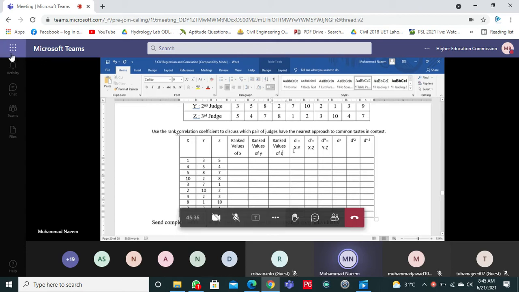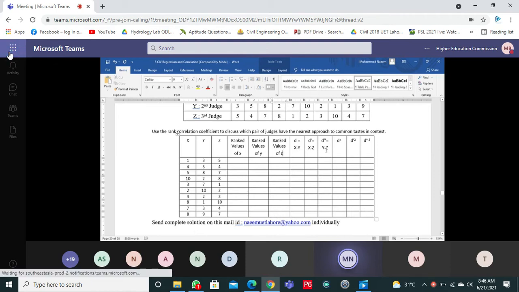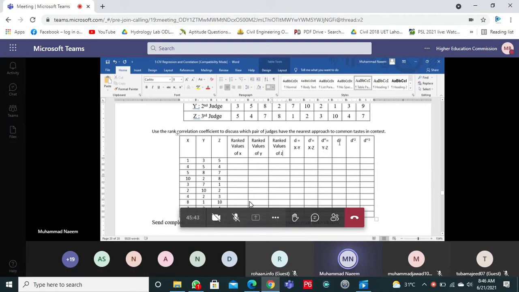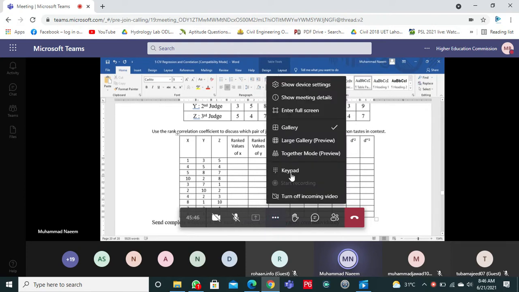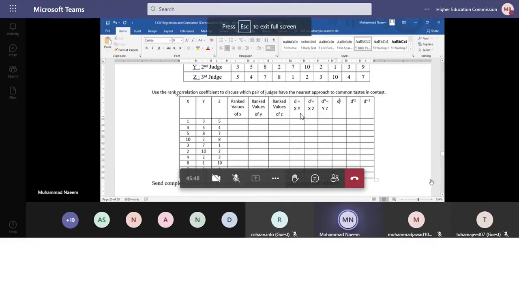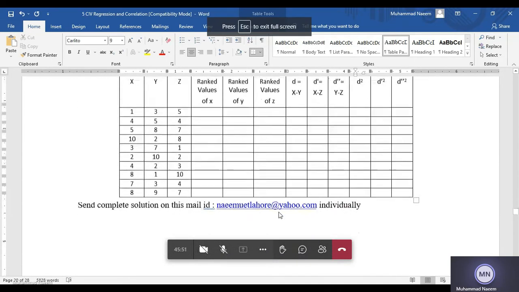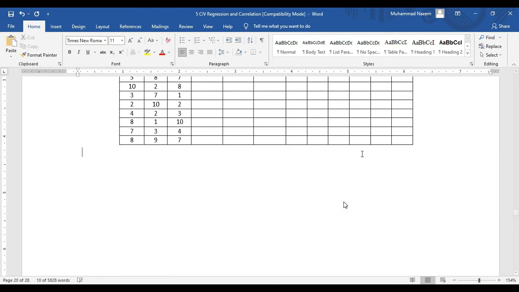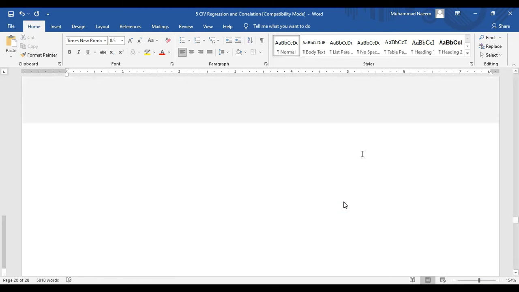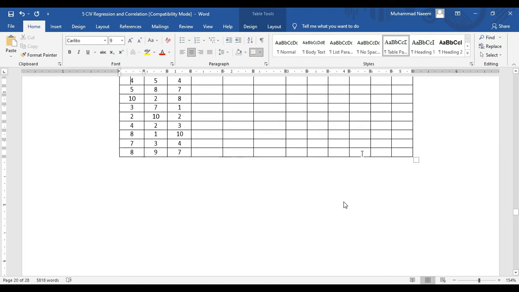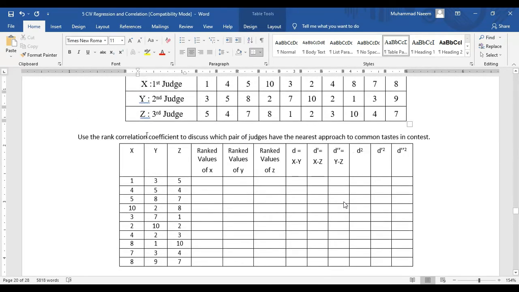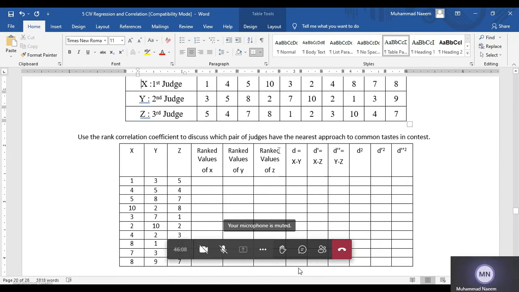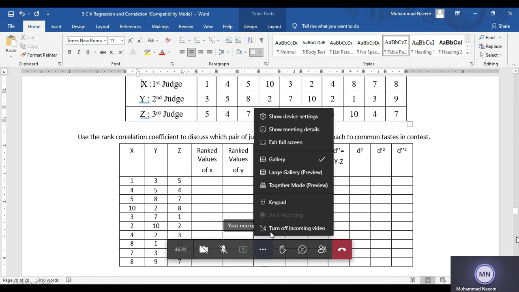Then find the differences pairwise, x minus y, x minus z, and y minus z, and also find the square of these differences separately and use them in separate formulas. And decide which pair of judges have their nearest approach.